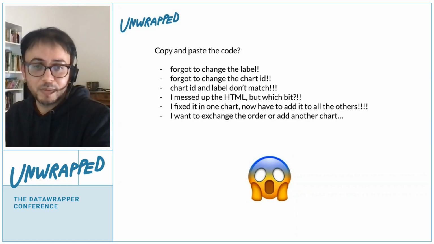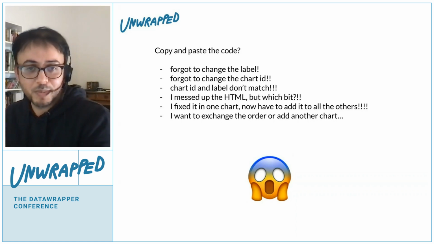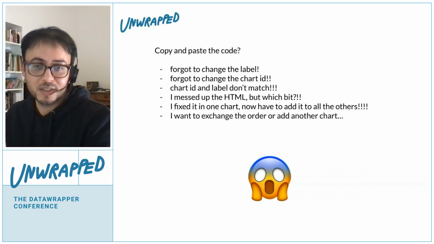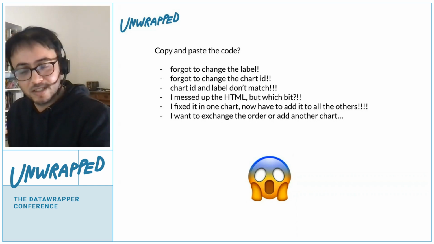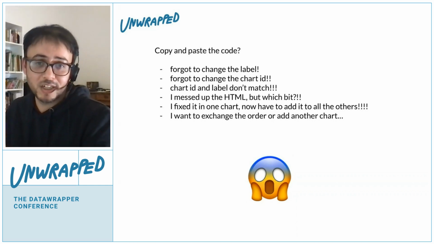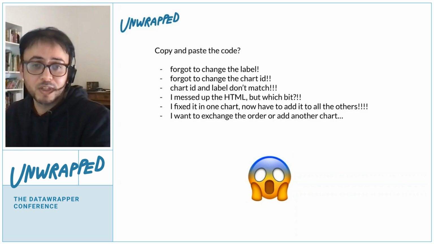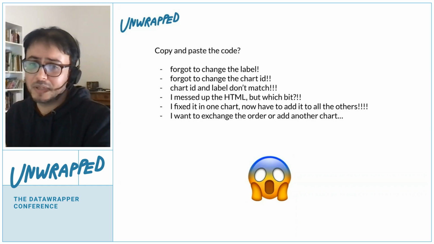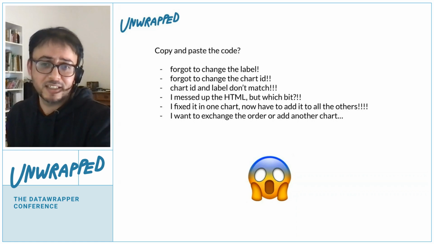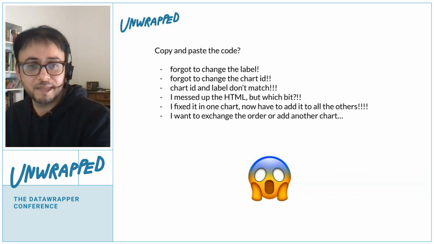The chart ID and label don't match, so you have a button for Spain and Italy, but the Spain button is showing the Italy chart, and the Italy button is showing the Spain chart. People like me who don't do a lot of work in HTML have the problem: they messed up the HTML, but which bit, I have no idea. I need to go look through this whole thing again.